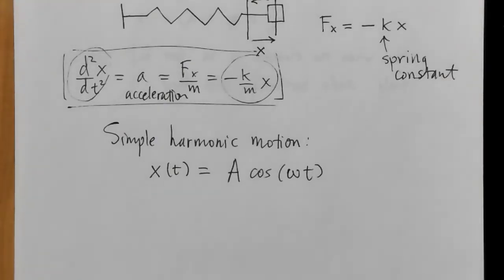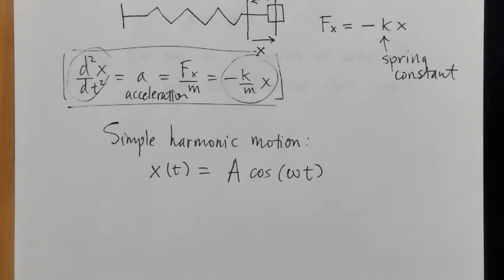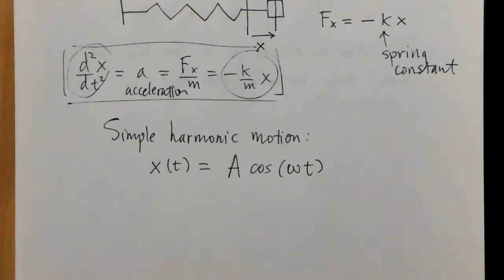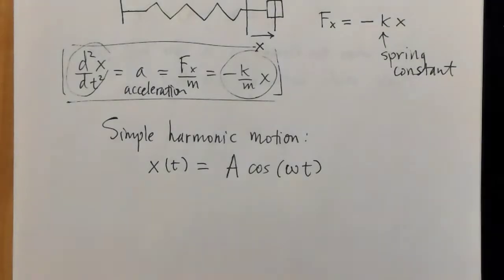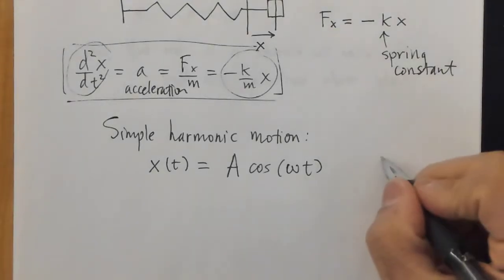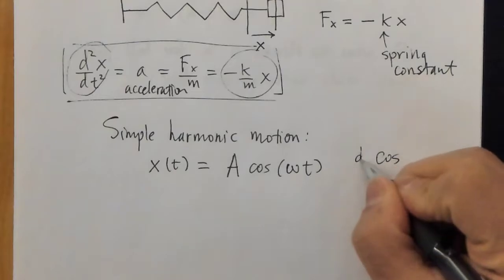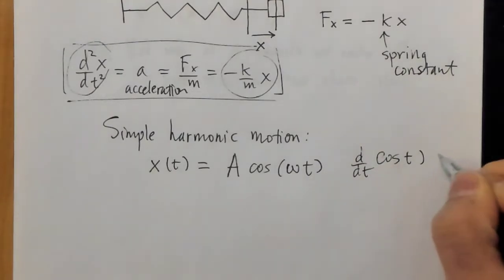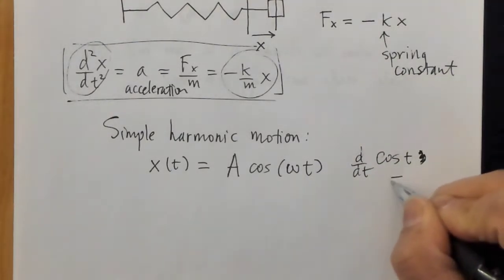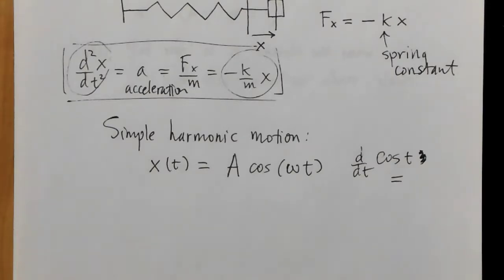By the way, even if you don't know differential equations, there's one thing maybe you should know. Those of you doing calculus 1, you know how to take derivatives of cosines, right? Everybody knows that. So what do I get if I take one derivative of cosine of t? Yeah, negative sine.